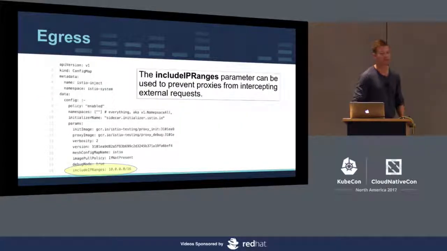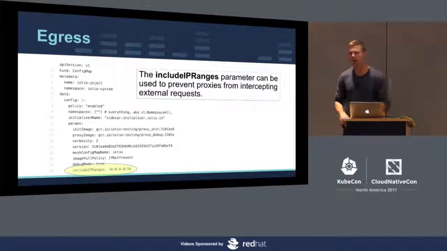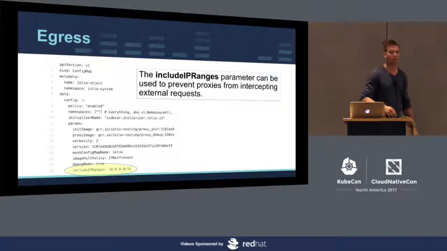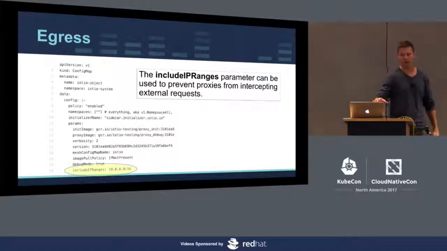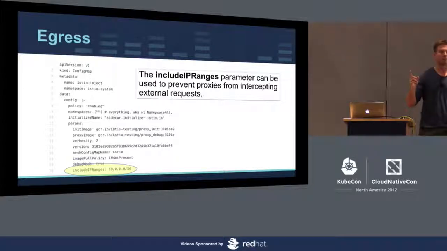If you don't want to use an egress rule, let's say it's non-HTTP traffic, you can set up include IP ranges. The include IP ranges would be a configuration parameter that you add to the config map for the initializer.